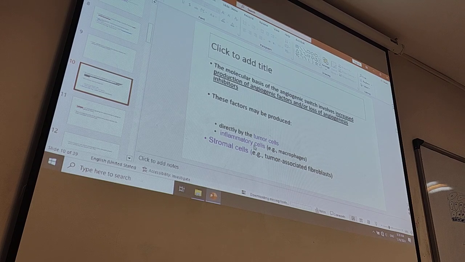The molecular basis of the angiogenic switch involves increased production of angiogenic factors and loss or inhibition of anti-angiogenic factors. These factors may be produced by the tumoral cells and also by inflammatory cells. You know, the inflammatory cells in the environment of tumor are very important, and they can cause many changes.